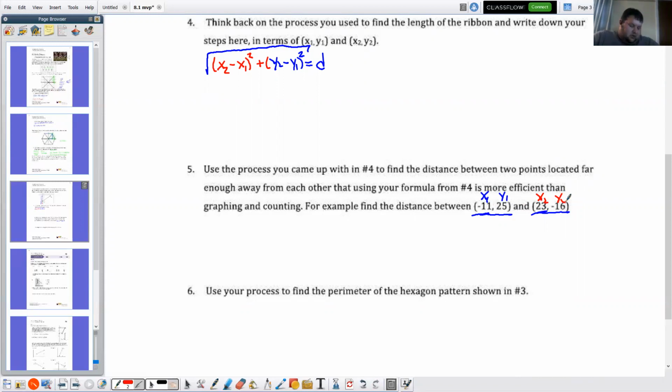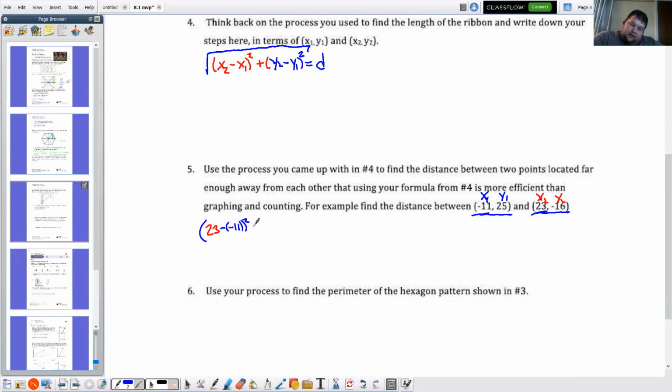So I have, we're going to go x2 first, 23, minus x1, which is negative 11. I put it in parentheses so I don't lose track of my negatives.